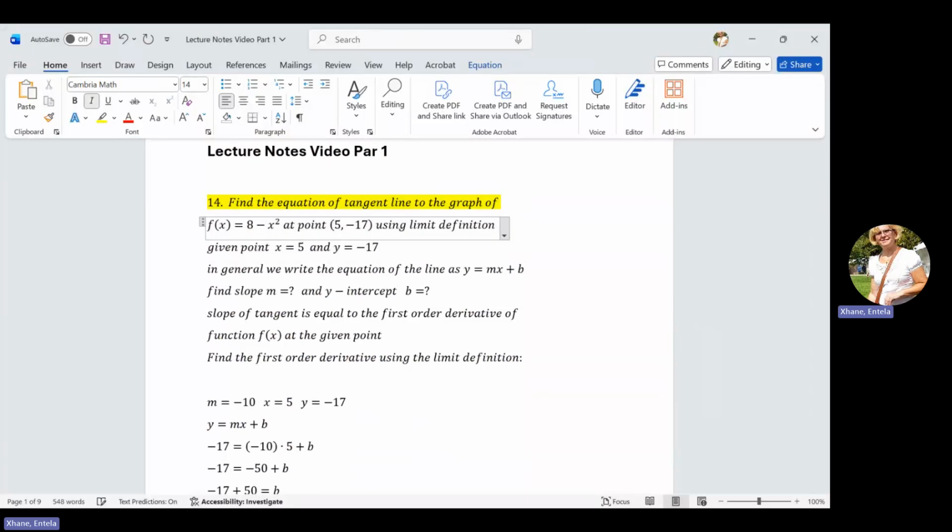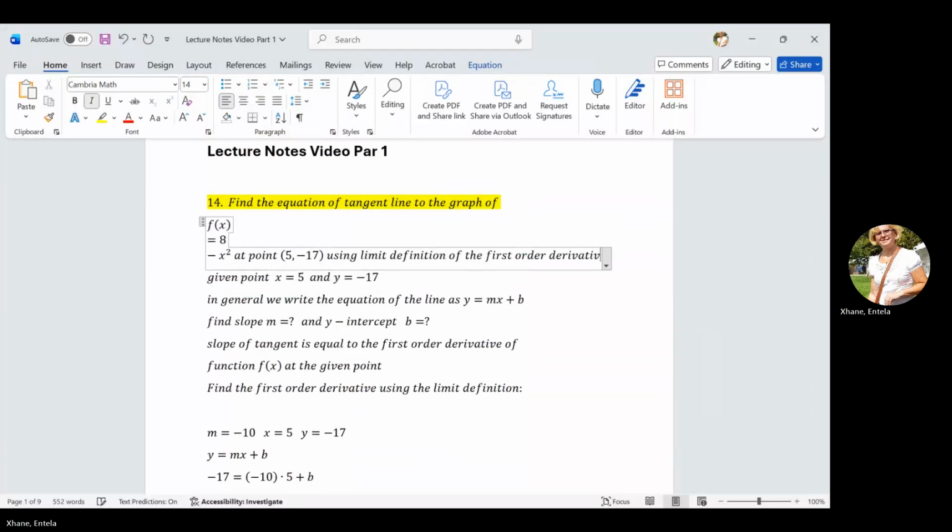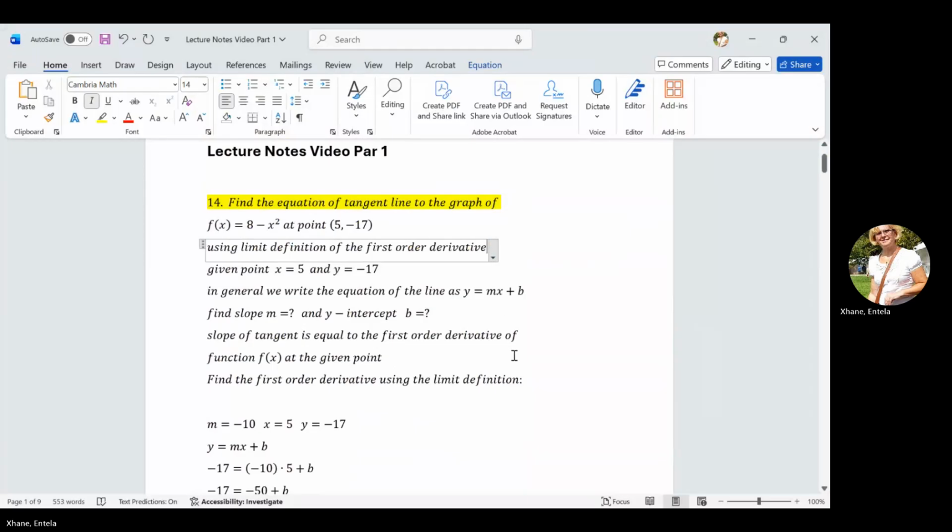So what we do in this case is find the right equation of the tangent line.